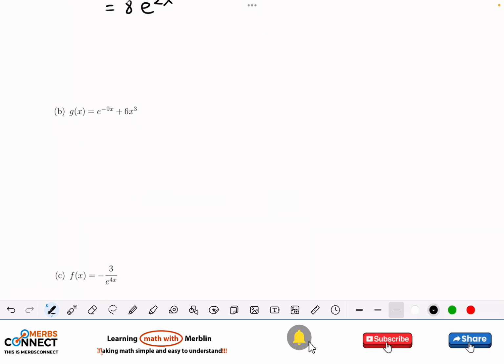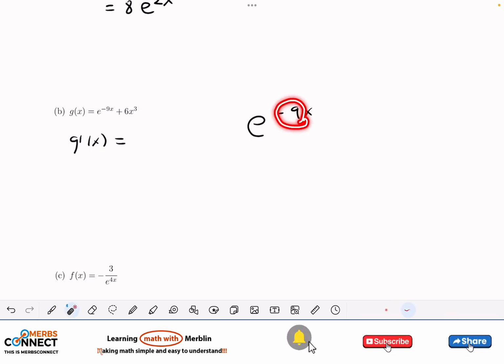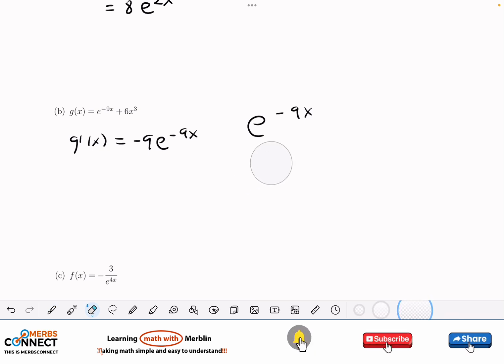Let's look at g prime. g prime of x will be equal to, now when you look at this function, I have e to the power minus 9x. So I need to pick the coefficient of x and use it to multiply the whole function. So minus 9 e to the power minus 9x. Very simple, right?